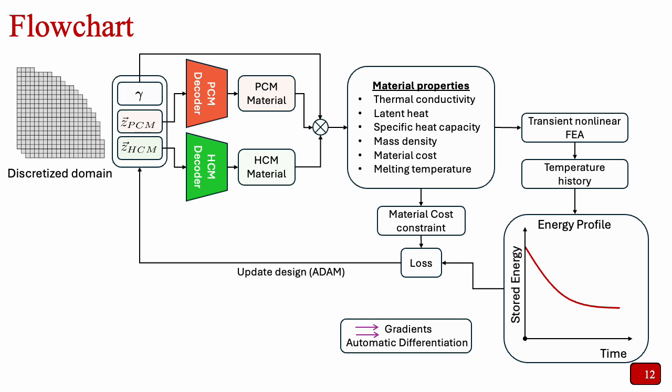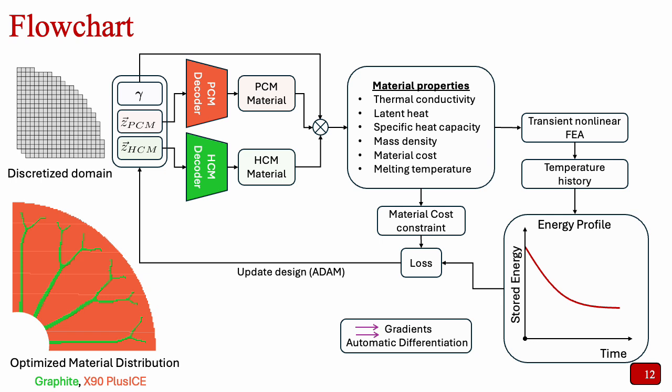These gradients are used by an optimizer such as Adam to update the design for the next iteration. This loop repeats until the design converges, yielding an optimized material distribution and the corresponding optimal materials from the database.